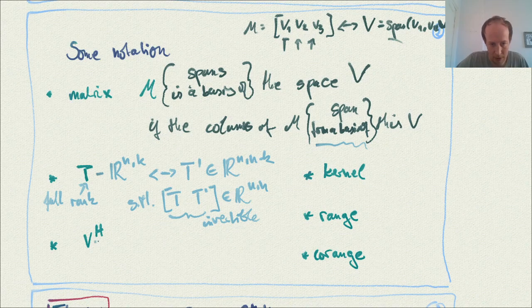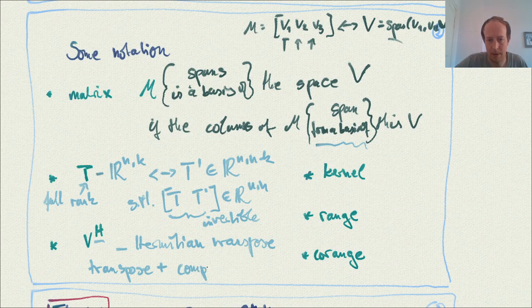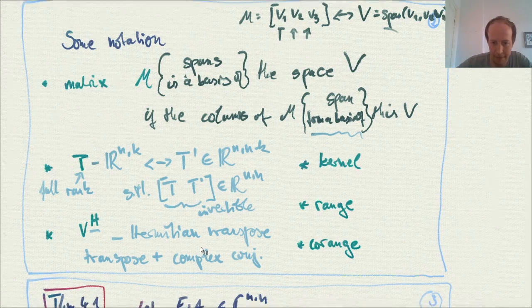Then we will use this V to the H, which is the Hermitian transpose. And this is basically the transpose plus the complex conjugate. Well, in all examples we will have real matrices.